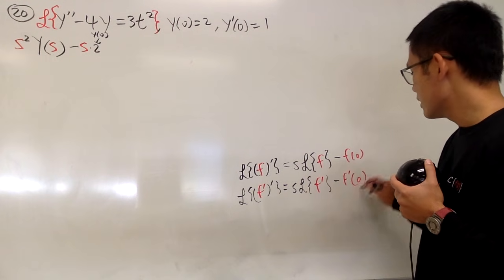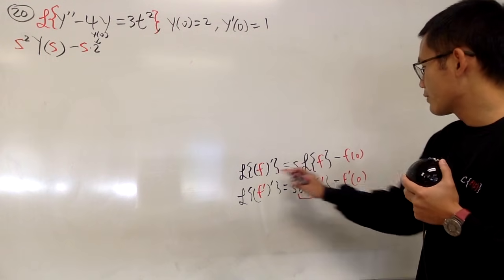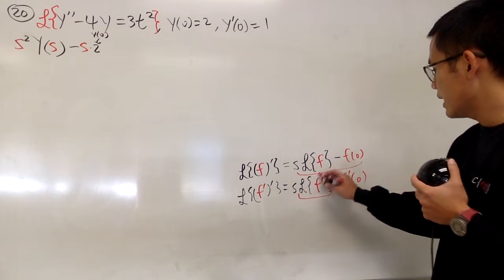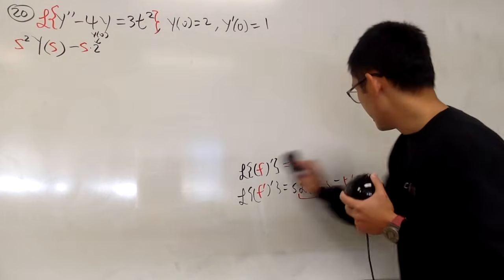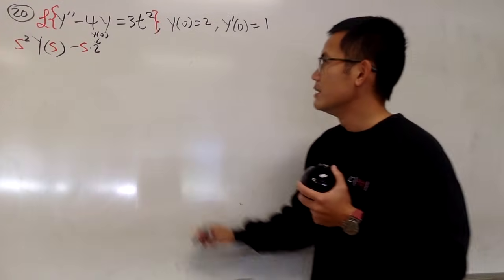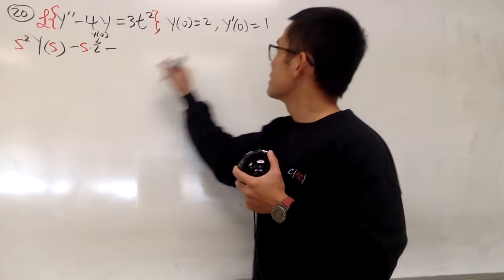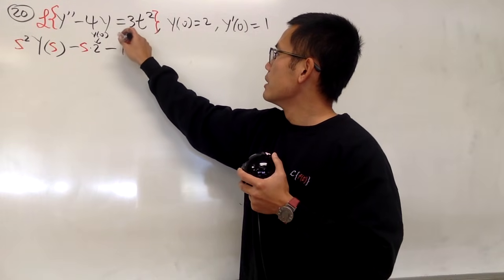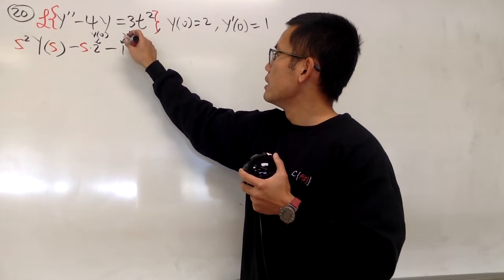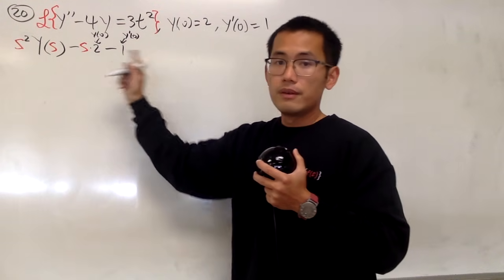Oh yeah, I was right. Yeah, because this right here is just what we have right here. So it's s squared, and then minus f prime of 0, which is 1. So that's the second derivative.